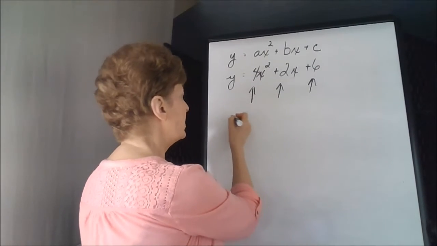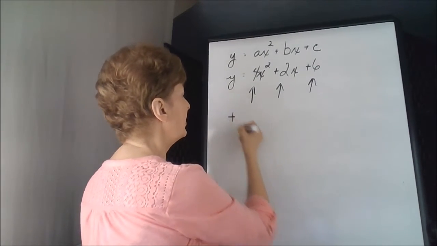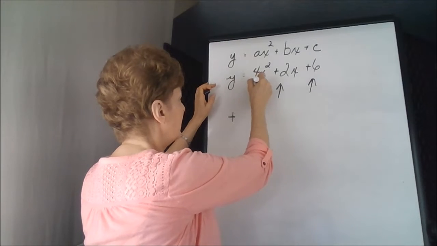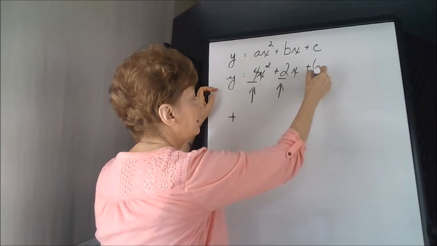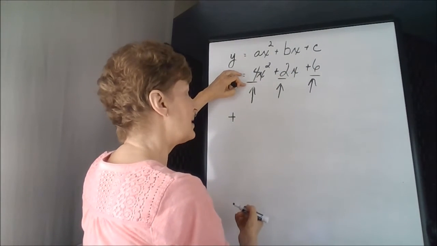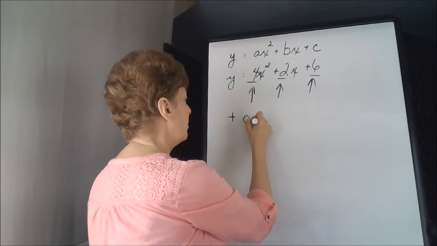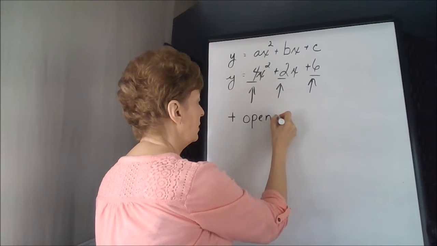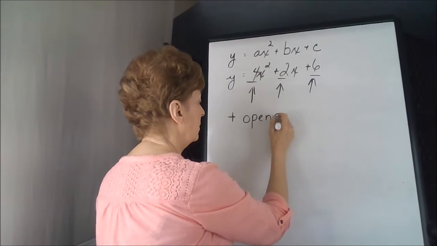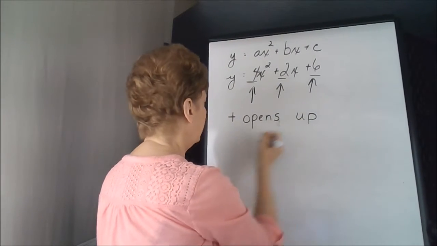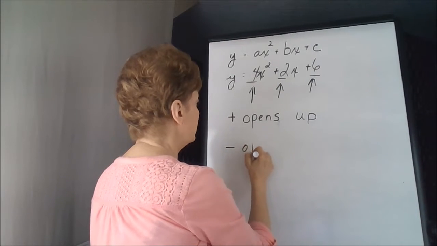The first position, if we have a positive coefficient, we're talking about this 4, this 2, and this 6 at this point. If we have a positive coefficient of the a term, our parabola opens upward. Negative opens downward.